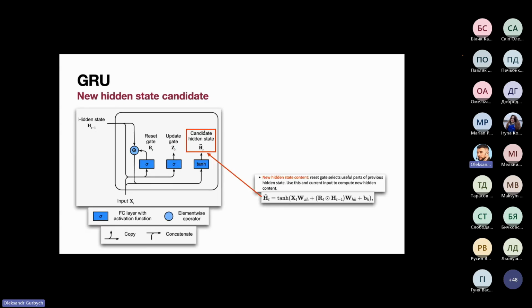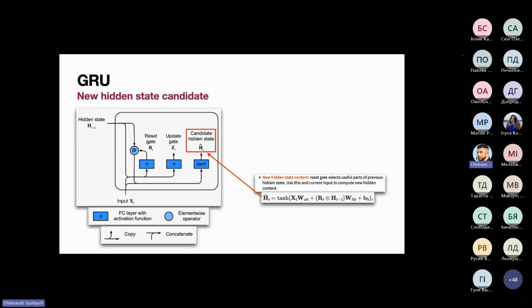Then your hidden state candidate, this H tilde of T, is a hyperbolic tangent activation with inputs of XT times WXH, plus your reset gate results, the matrix of zeros and ones, multiplied by your hidden state.